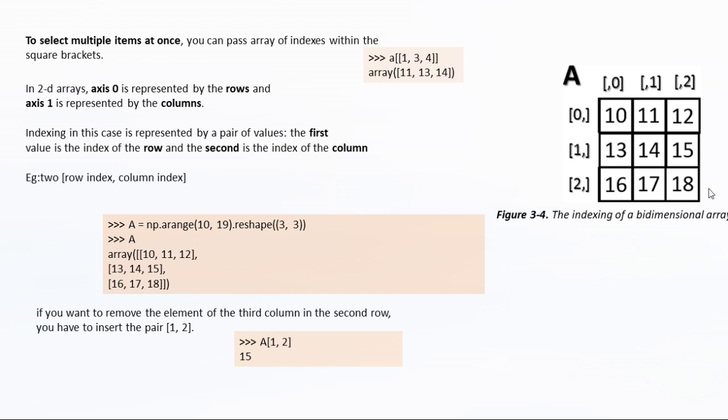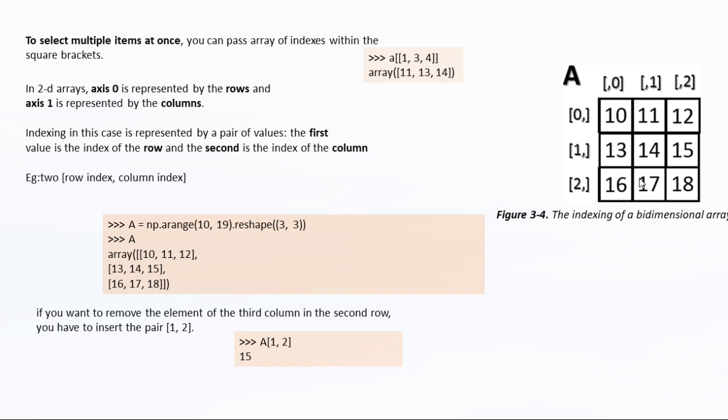The size is 3 by 3, and I want sequential elements. So if you write 10, 19, numbers from 10 to 18 are generated: exactly 9 numbers, 10, 11, 12, 13, 14, 15, 16, 17, 18. This is the array which would be created.